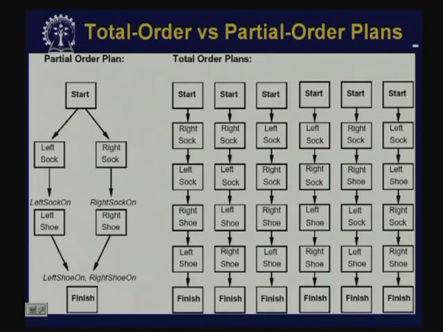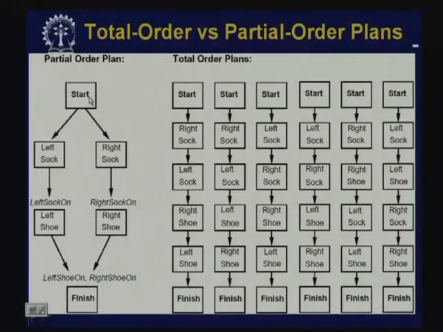Now, a plan to achieve right shoe on and right sock on and left shoe on and left sock on. There are many ways in which you can achieve all this. So, there are 6 different ways of achieving this plan.